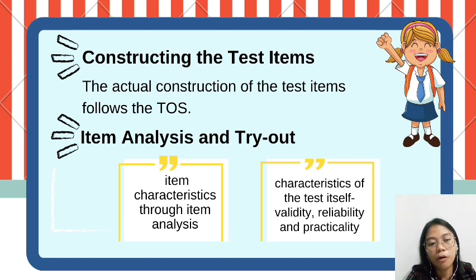So it could be critically examined through the correspondence between test content and the table of specification. So they would also consider the form, level of difficulty, and the appropriateness of the test items.